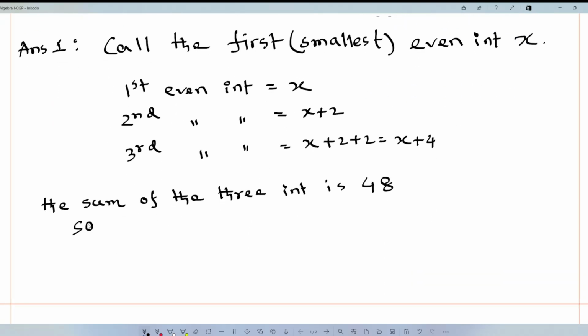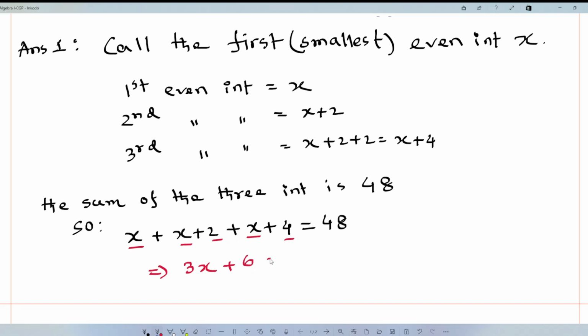So x plus x plus 2 plus x plus 4 equals 48. So look, x, it will become 3x plus 2 plus 4, it means 6, equals 48.